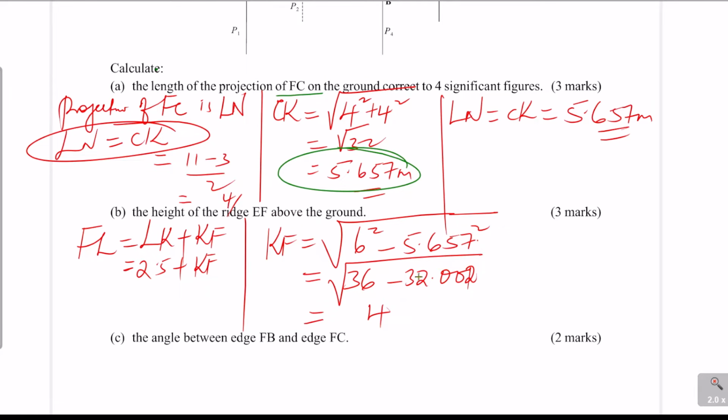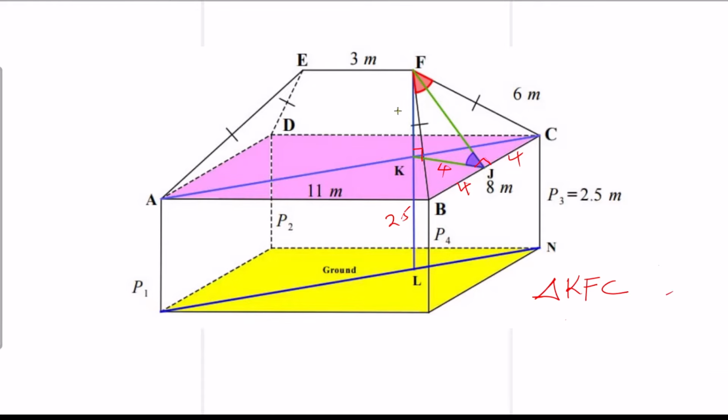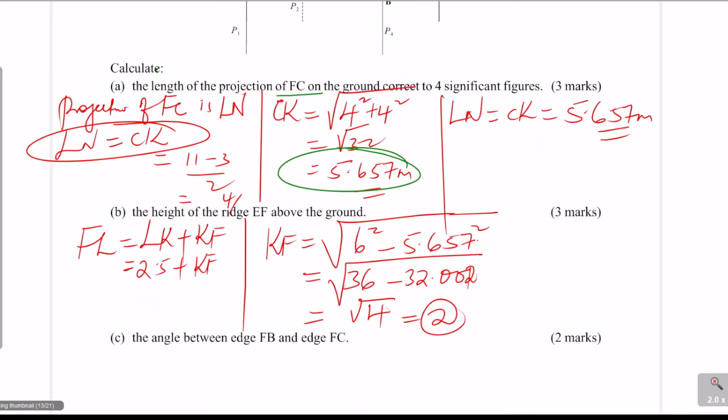We get 36 minus 32, the square root of 4, and that will give us 2. So this height from K to F is 2. We have used triangle KFC. Now we can get FL, the required height. It will be 2.5 plus KF, which is 2, and this will give 4.5 meters as the solution.